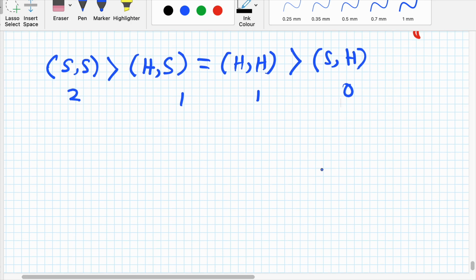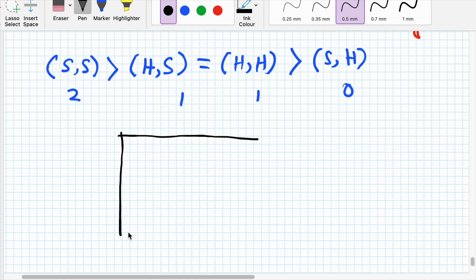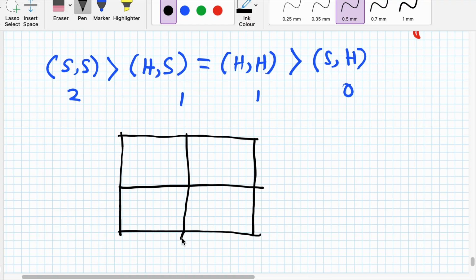Now if I write the game, it will be: this is stag, this is hare, this is stag, this is hare. Suppose this is player 1, this is player 2.